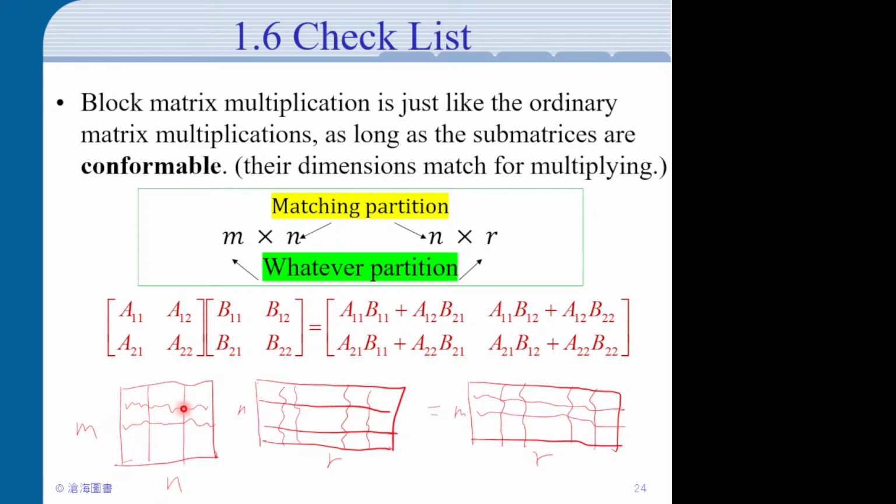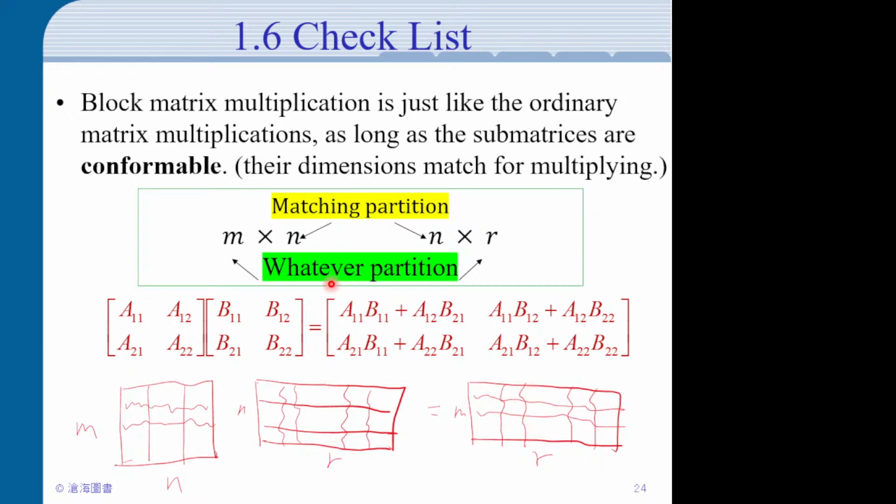The partitions fit each other, and the resulting matrix will have the corresponding partition.